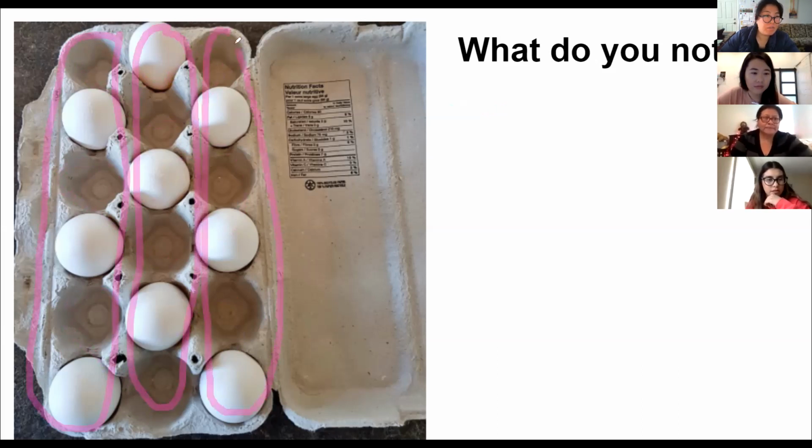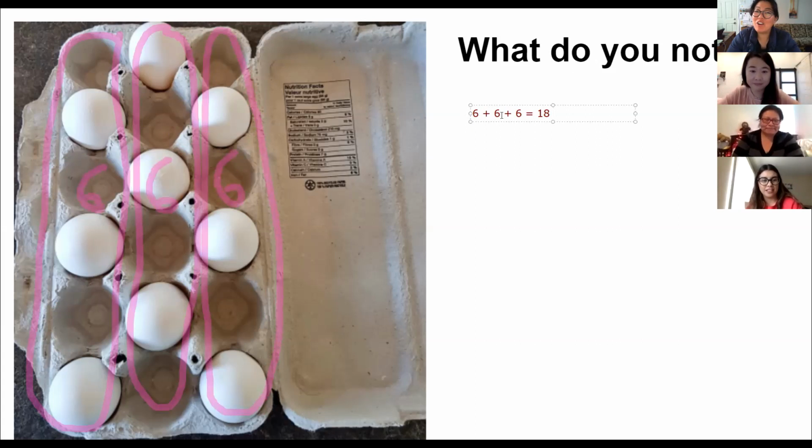And each column has how many eggs? 6. 1, 2, 3, 4, 5, 6. Perfect. And that connects to how many rows we had too. So did you do 6 plus 6 plus 6 makes 18?